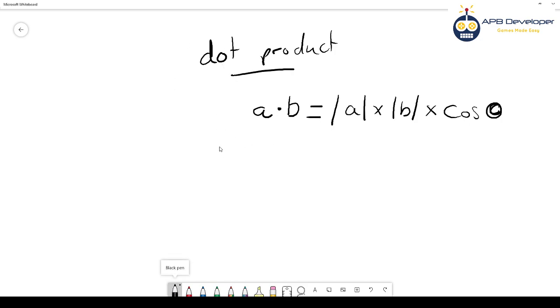Normally, you would have the length of vector A times the length of vector B times cosine. Quite often, when you use the dot product, it's to determine if things are looking towards each other.